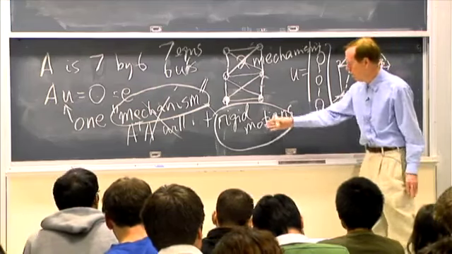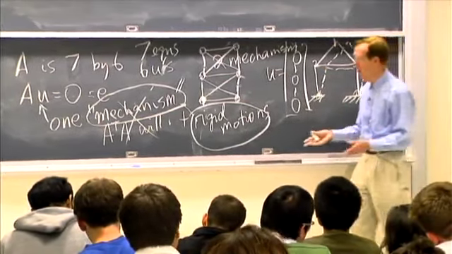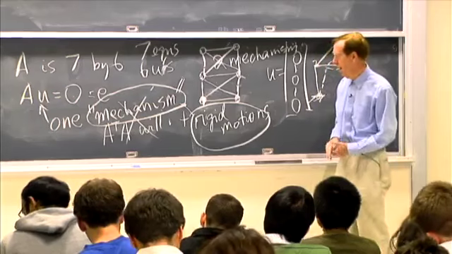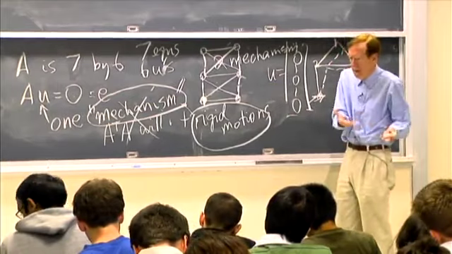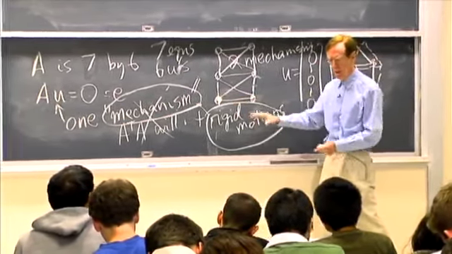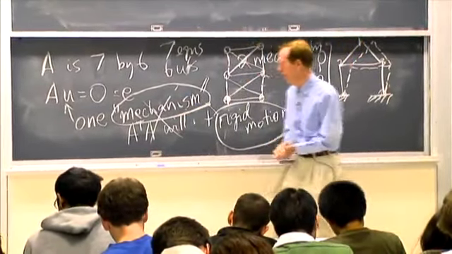And this is, of course, what we get in the case of not enough supports. And this is what we get in the case of not enough bars. Yeah, so maybe it's worth separating those two. In the examples we do, we'll usually put in enough supports to kill the rigid motions, and then the question will be, are there some mechanisms?